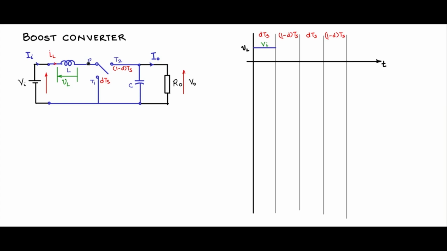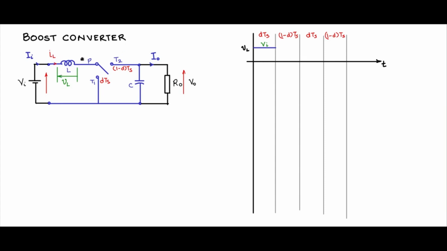Now is Vi minus V0 positive or negative? We know that the inductor cannot support an average voltage. Therefore, the average voltage has to be 0 in steady state, which means in steady state during the 1 minus DTS portion, there should be a negative voltage so that there is volt second balance. That can happen because the voltage across the inductor during that period is Vi minus V0.